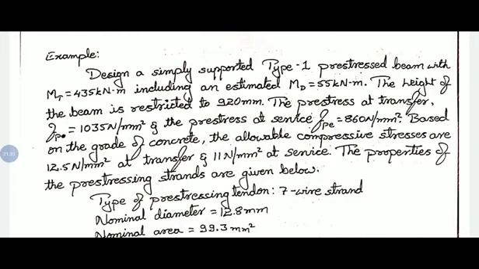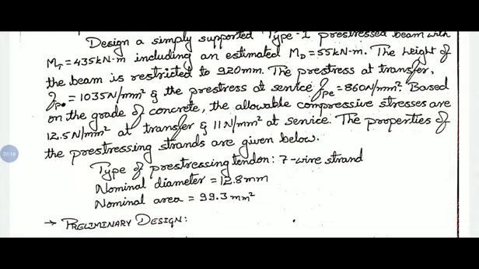The pre-stress at transfer FP is 1035 Newton per mm square, and the pre-stress at service FPE is equal to 860 Newton per mm square. Based on the grade of concrete, the allowable compressive stresses are 12.5 Newton per mm square at transfer and 11 Newton per mm square at service. The properties of the pre-stressing strands are given below. Type of pre-stressing tendon: 7 wire strand, nominal diameter 12.8 mm, nominal area 99.3 mm square.